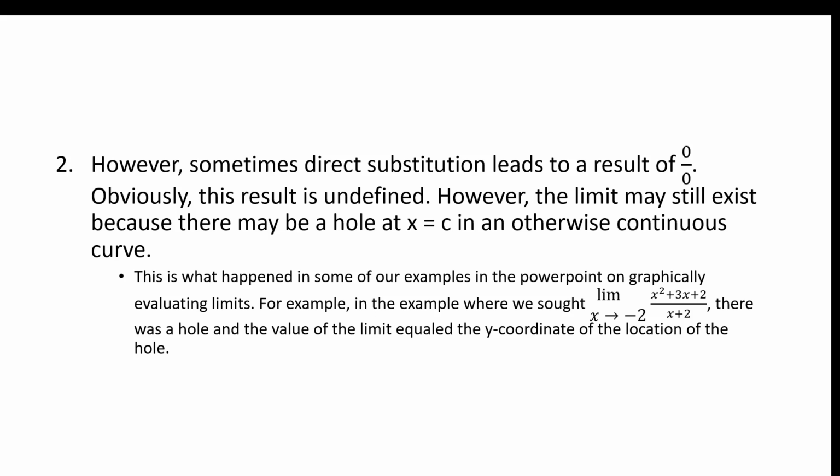Okay? Now, sometimes though direct substitution leads to a result of 0 over 0. That result is undefined. However, the limit might still exist because there could be a hole there. This also occurred in another question we had where we ended up having to evaluate the limit shown, where I've circled part of it.